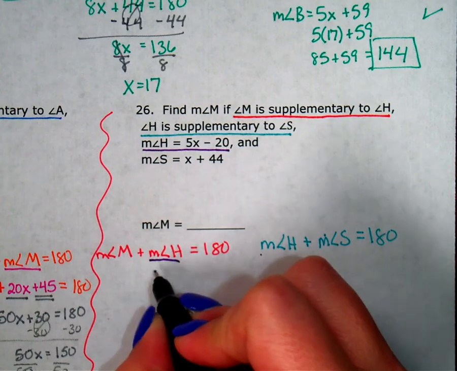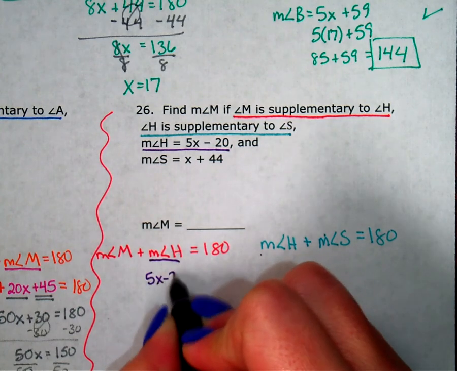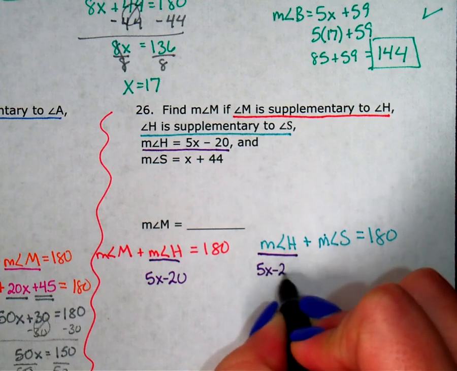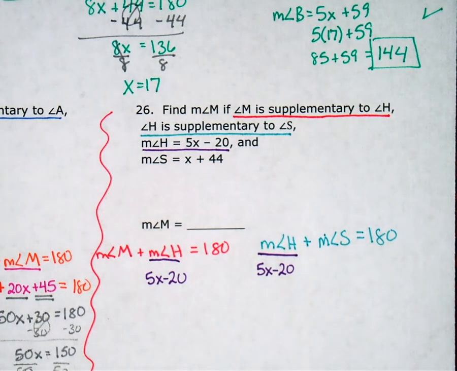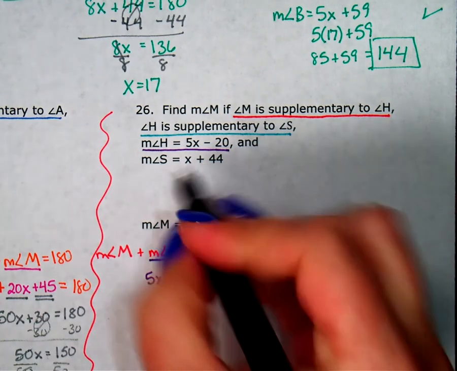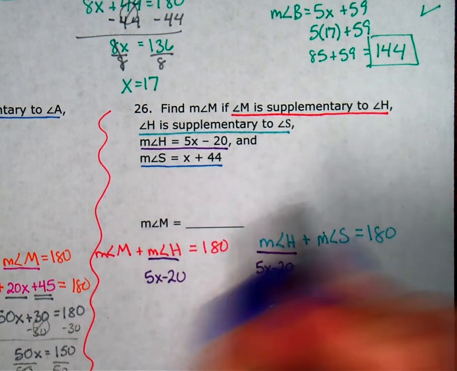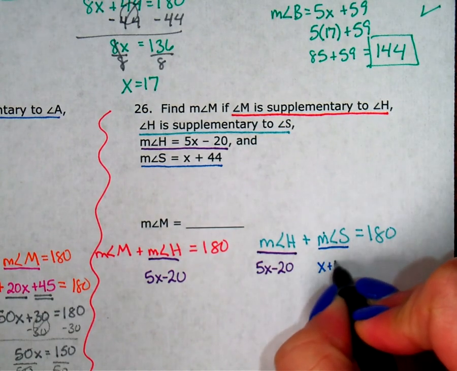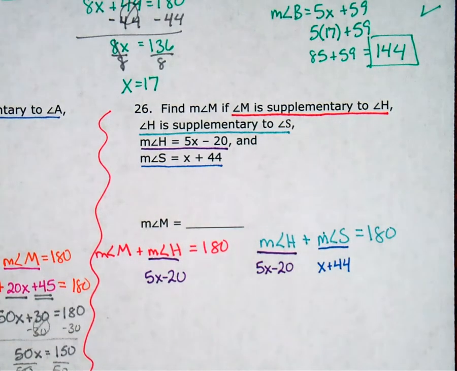When I look at my next sentence, it says the measure of angle H equals 5x minus 20. I have an H here, and I have an H here. The next one says the measure of angle S is x plus 44. So then I drop down the information that hasn't been substituted into.